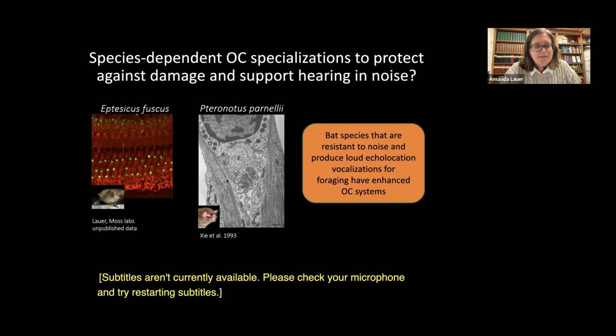We are particularly interested in the big brown bat, which is a native North American species that has very well characterized echolocation behavior, but also has recently been shown to actually be resistant to intentional acute noise exposures. So what we think is that these efferents are providing more inhibition to the outer hair cells.